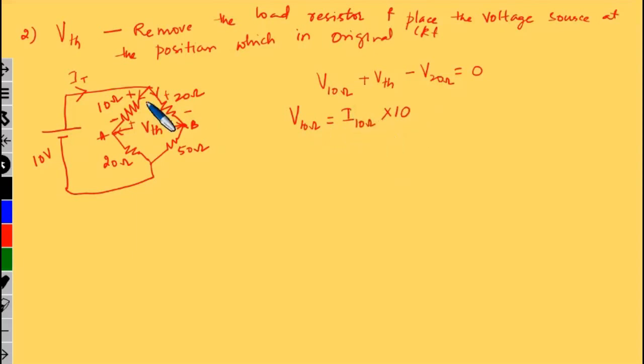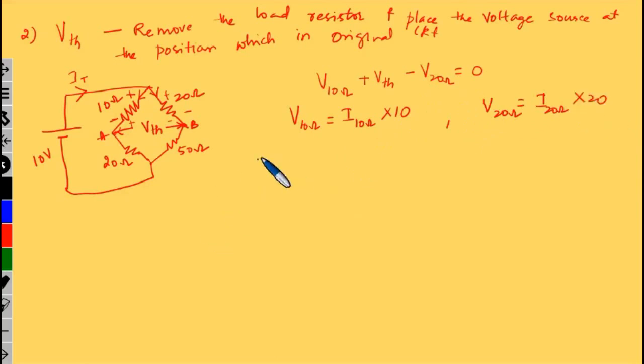You can observe that the circuit is a parallel combination of series branches. So first we need to find the currents I10 ohm and I20 ohm, and then we can find the voltages. V20 ohm is the current flowing through the 20 ohm into the value of the resistor.